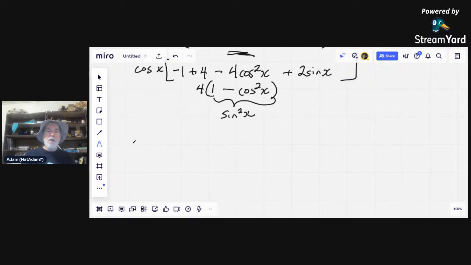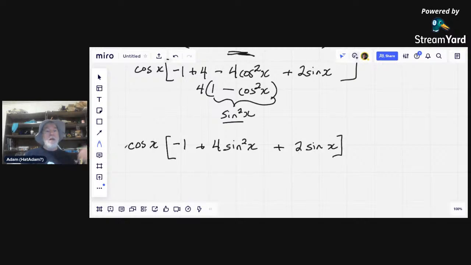And let's write out what we've got so far. So we've got the cosine of x times -1 plus 4 times the sine squared of x plus 2 times the sine of x. Okay, so now we've got one of our factors, and now we've got a quadratic.